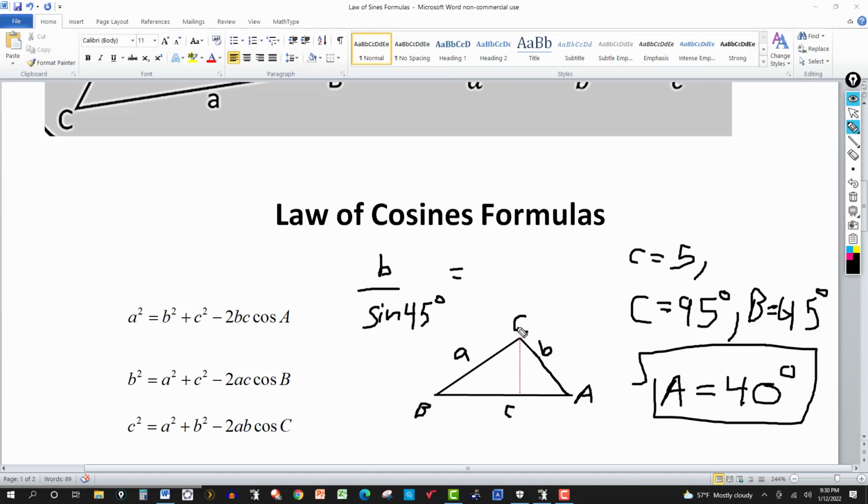So what do I have? Well, I have C is given to be 5. So I'll put it here, 5, and that's over the sine of the angle opposite. And of course C is 95 degrees.